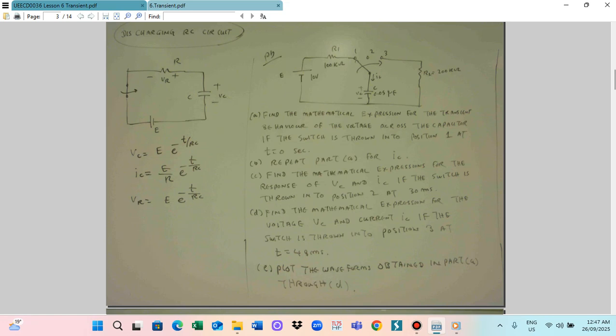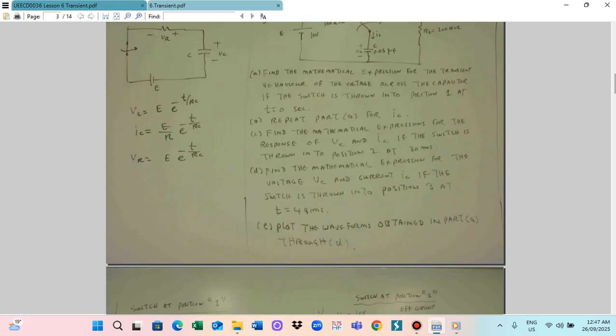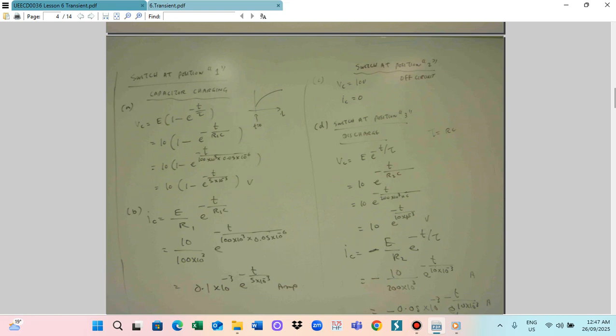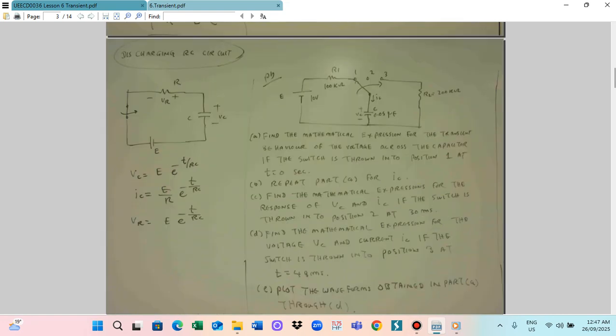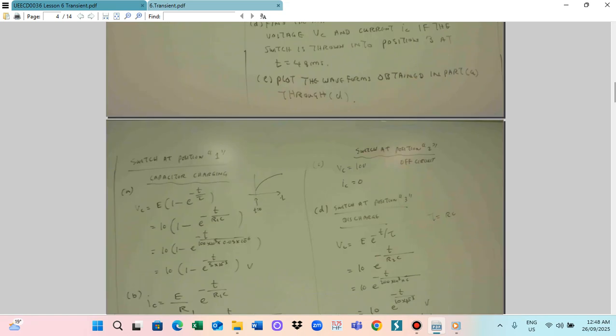So in this case, the resistor and capacitor are already given, so we have to substitute. E is equal to 40 volt, 1 minus e power minus t by resistor value. Resistor value R is 8 kilo ohm, 8 into 10 power 3, multiplied with capacitor value 4 microfarad, 4 into 10 power minus 6.